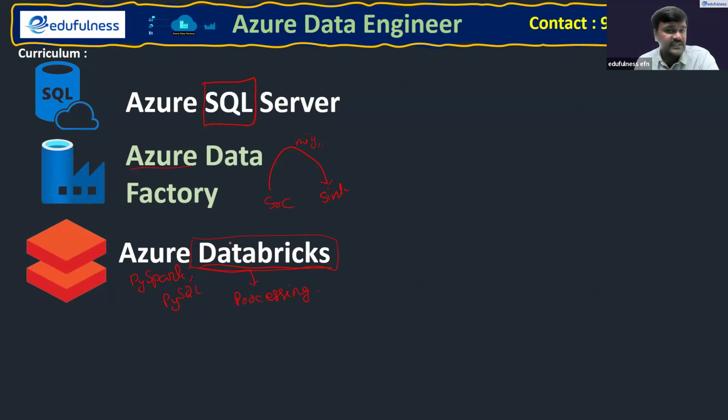So these three are the trending technologies. The combination is like anything. These are the core technologies required in Azure for data migration and processing. That is what a data engineer should master.